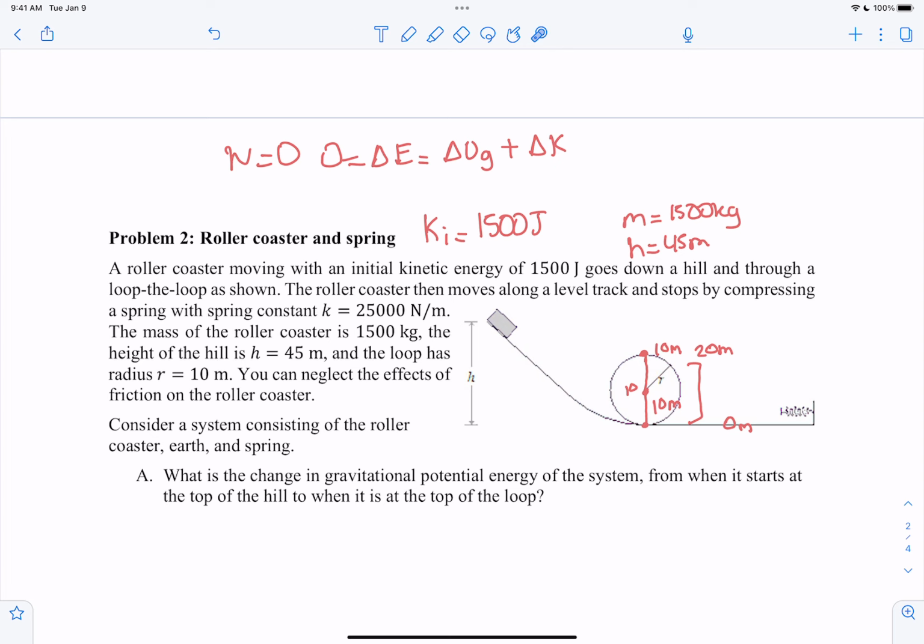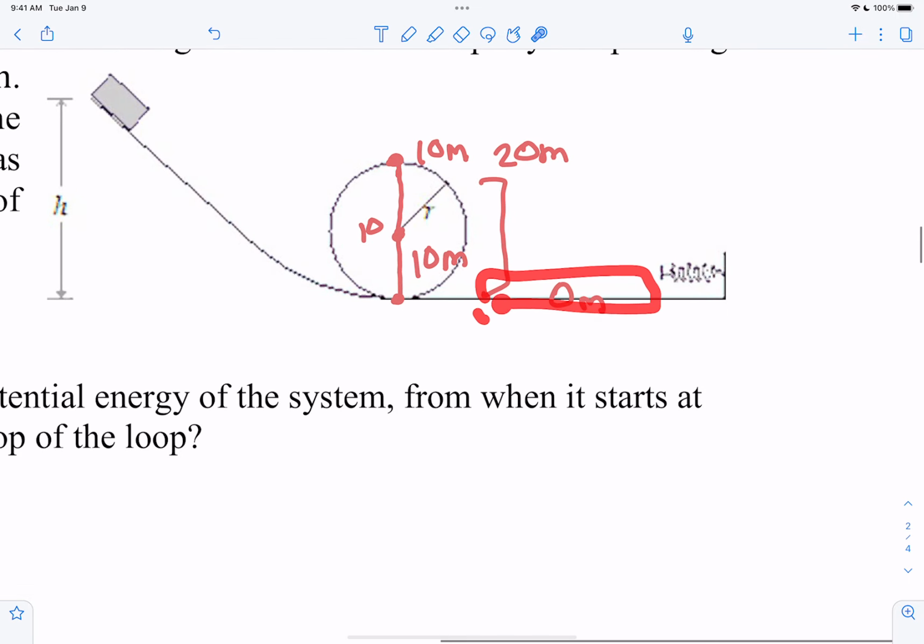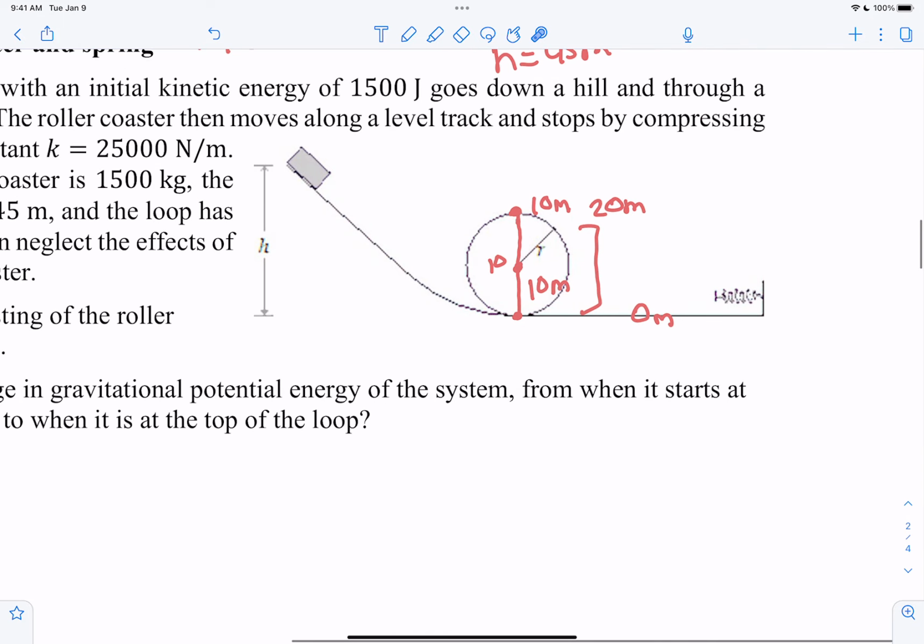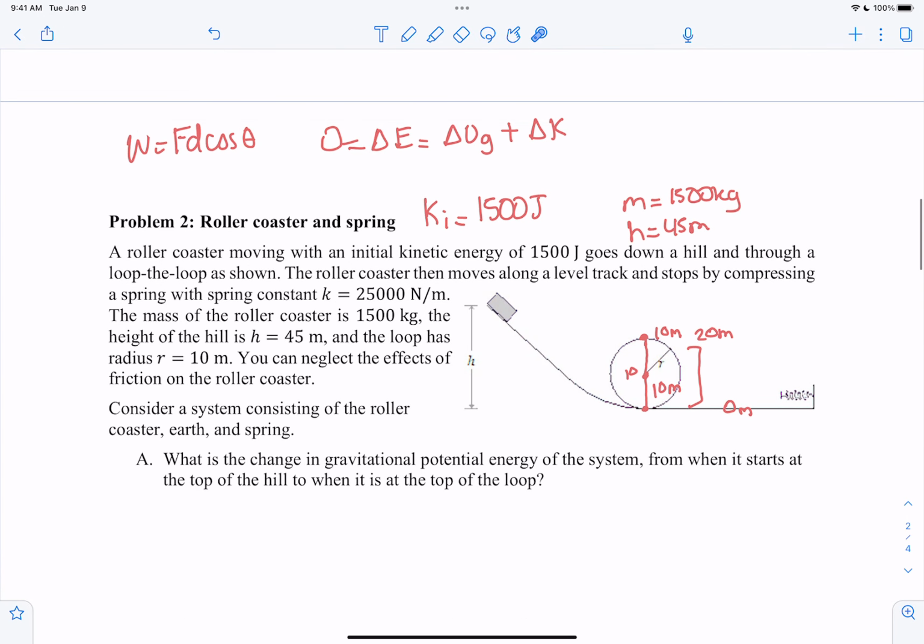If there was work done on the system due to friction, for example, then we would calculate that using W equals F D cosine theta. Let's say there was a rough patch here, and they gave you a coefficient of friction and all the necessary information to figure out friction. Then you can calculate the work due to friction, which would be against the movement of the object.